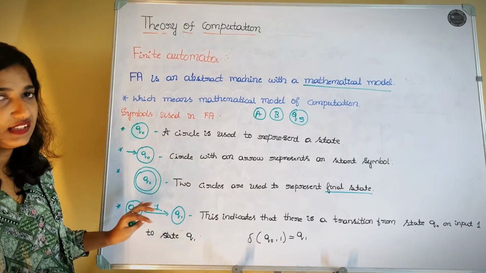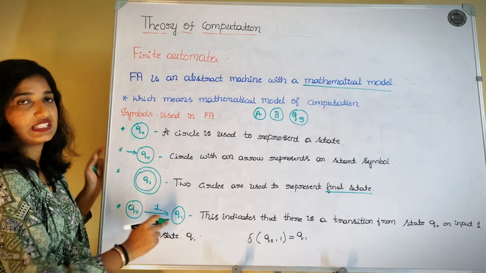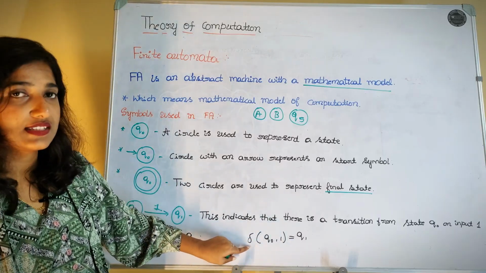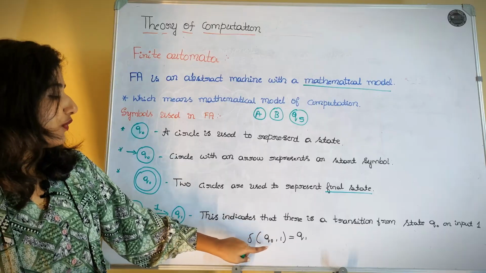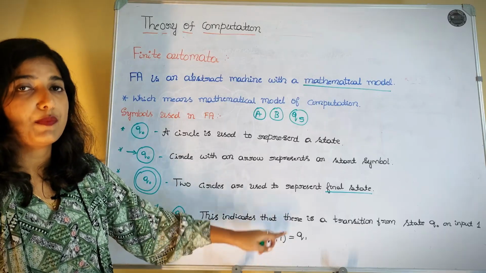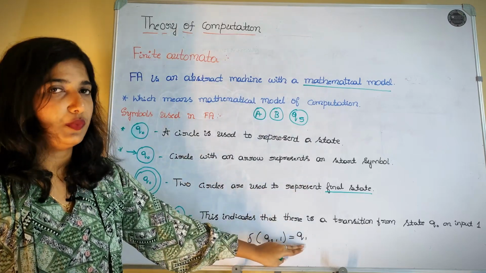This is the transition function. The transition from one state to another state is the transition function, and it is represented by delta. Delta of Q0 on consuming the input 1 moves to Q1.